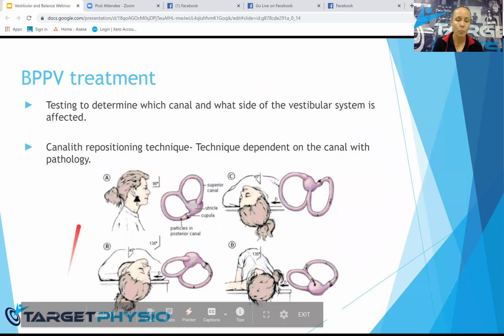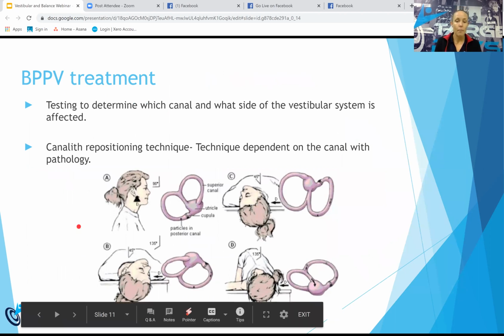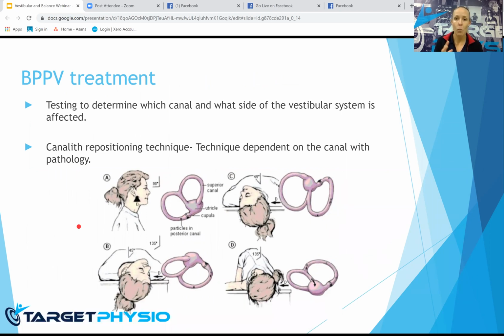Okay, so BPPV treatment is determined by testing to see which canal and what side of the vestibular system is affected. So we have 3 semicircular canals on each side, and so we need to test which canal is affected and which side of the vestibular system is affected.